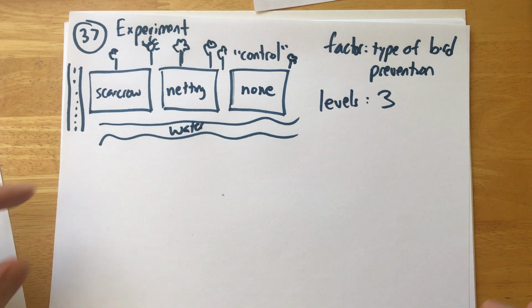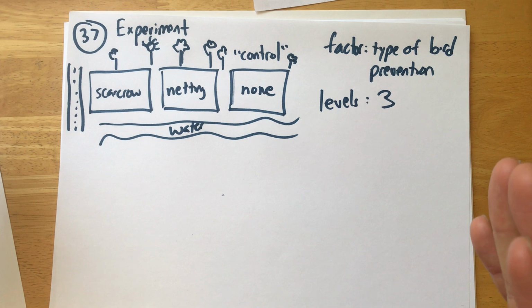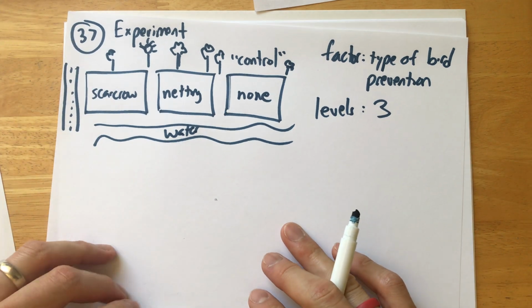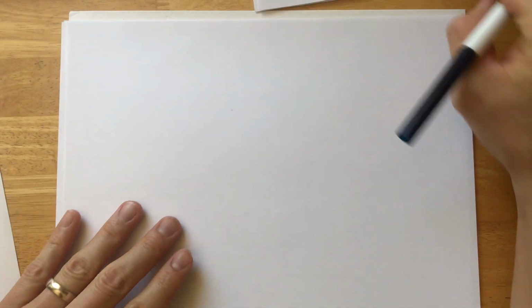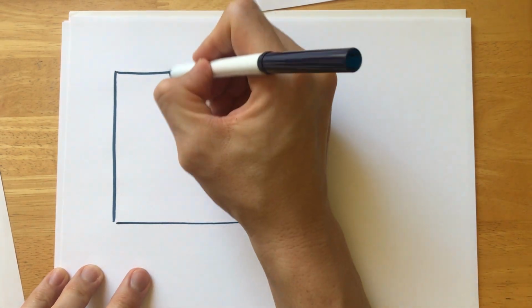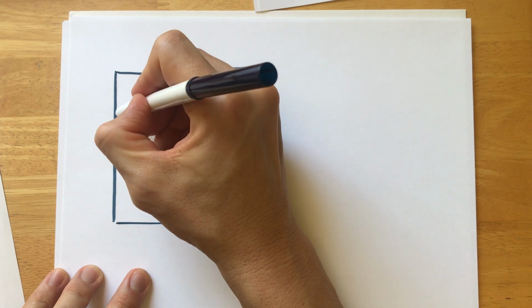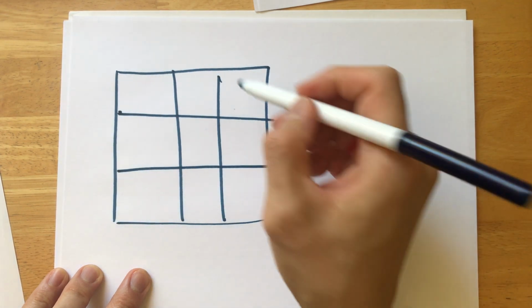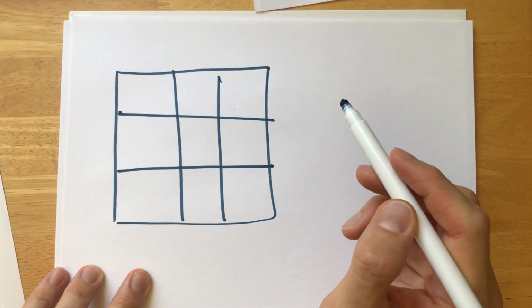Right now our experimental unit is the grape vineyard. So what I would suggest doing is something as simple as this. You divide up your vineyard into 9 plots.